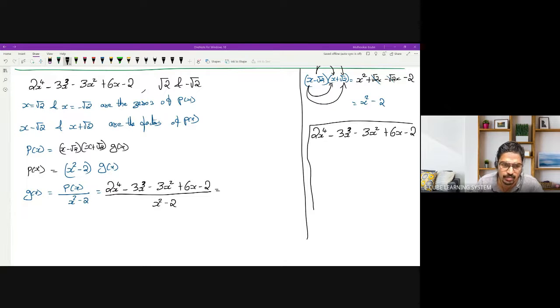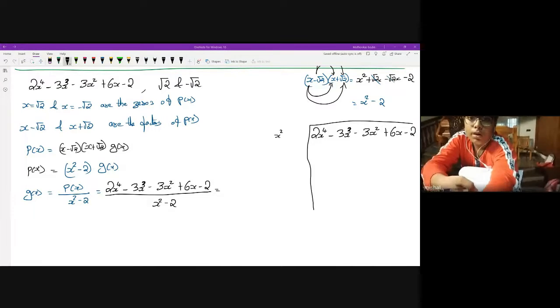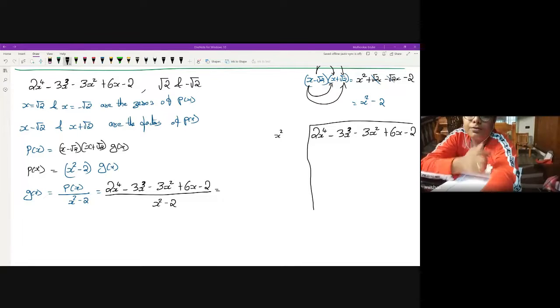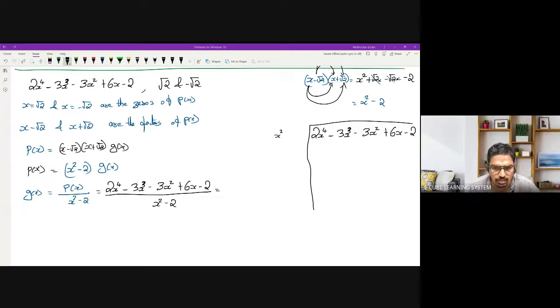Mishal, sir, the divisor when converted into standard form becomes what? X square minus 2. First term x square.